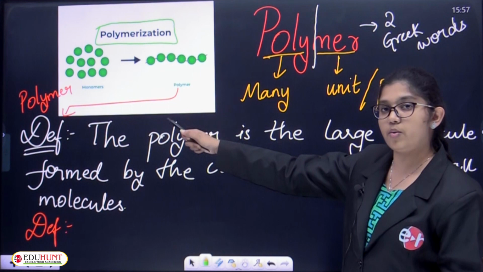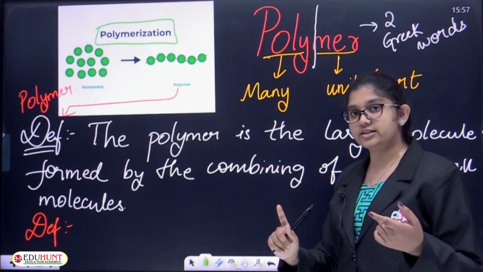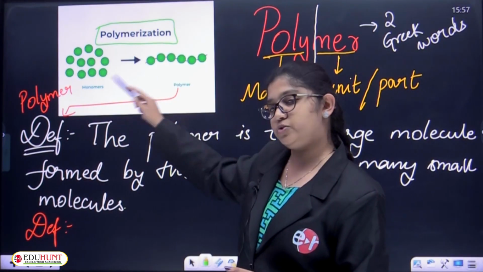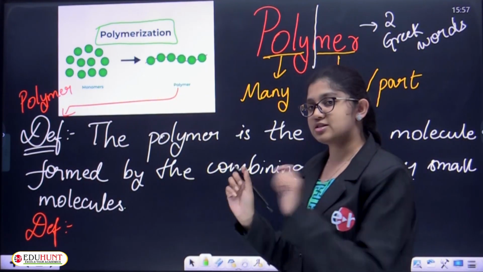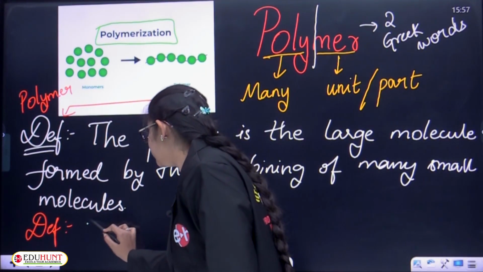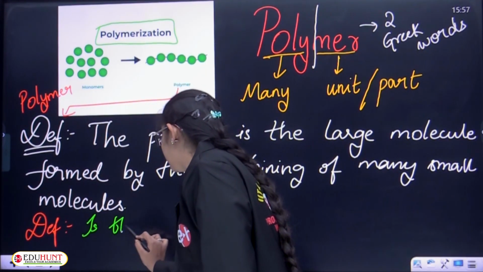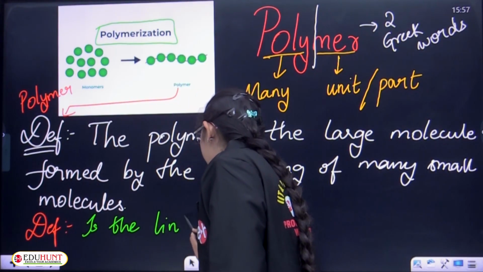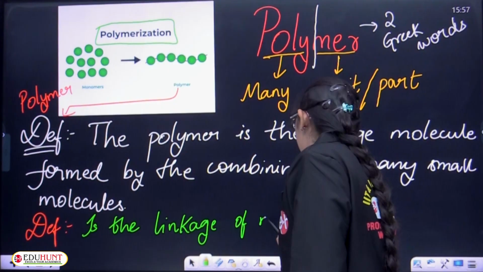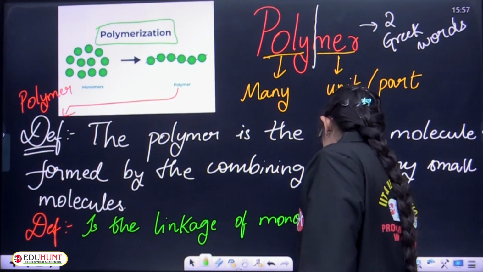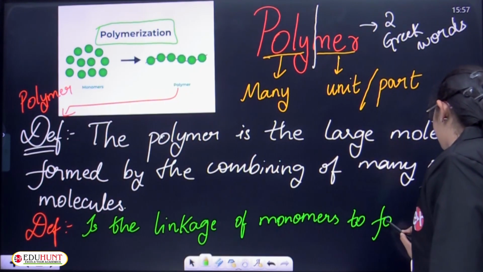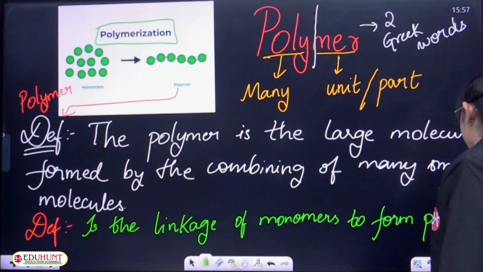Monomer into polymer, right? How are they linked? Monomers are linked together to get a polymer. They group together, and that process is named polymerization. Simple. Definition: it is the linkage of monomers to form polymers.